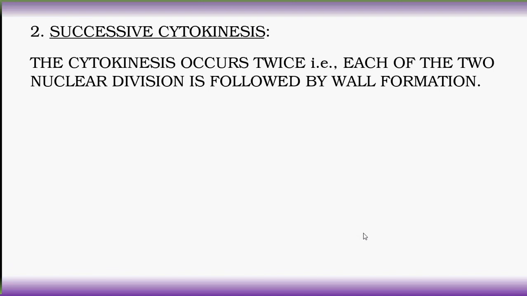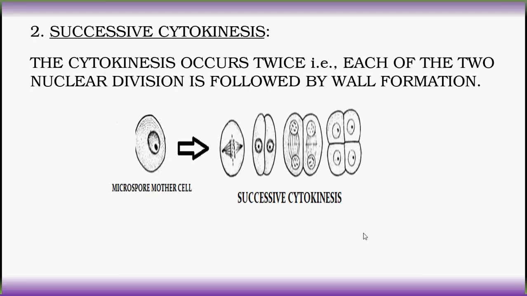Successive cytokinesis. The cytokinesis occurs twice, that is, each of the two nuclear divisions is followed by wall formation. See the photograph. The microspore mother cells undergo meiosis division. The first meiosis division forms two nuclei, and these two nuclei are separated by wall formation. That means cytokinesis occurs after the end of meiosis 1 as well as at the end of meiosis 2.